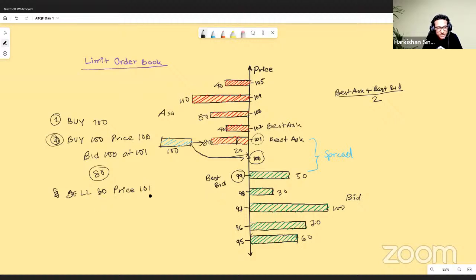Then this guy's 30 will come here and get executed with the 20, and the second guy's order will be fulfilled at the same price. He'll get this 20, and it's done. His order is fully fulfilled. But here 10 remains, as you see, only 20 of them will get executed. 10 of his orders will remain standing here until an opposite party comes and fills this.